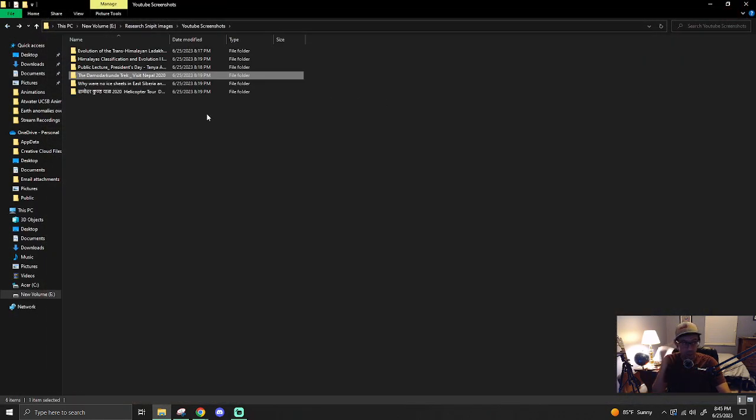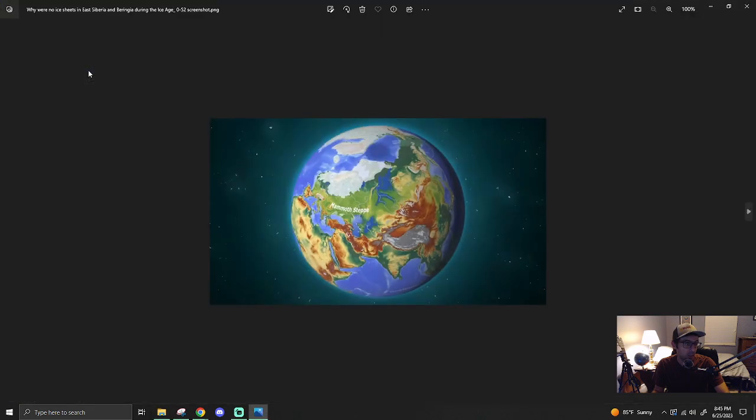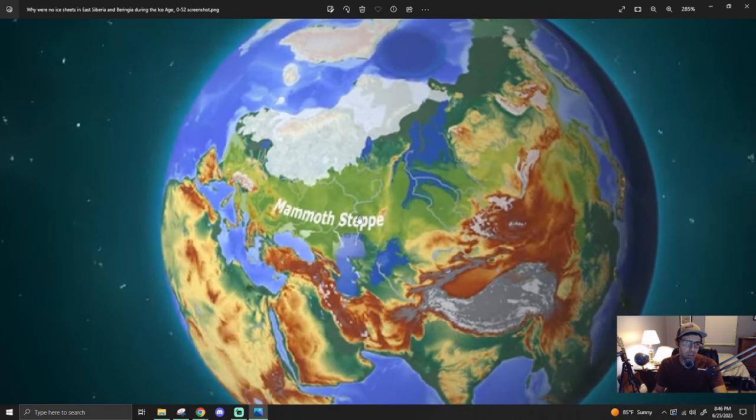I don't want to forget what I was just looking at, so let's get to this. It's called Mammoth Steppe, last glacial period, last glacial maximum this place existed.